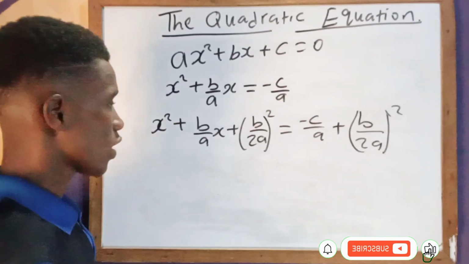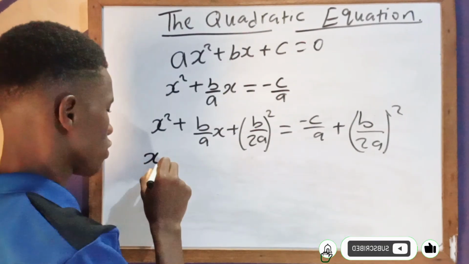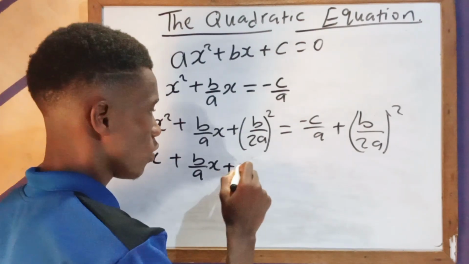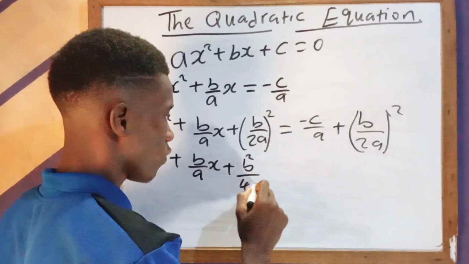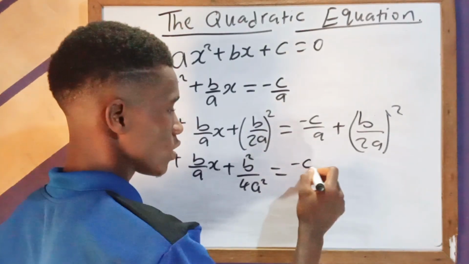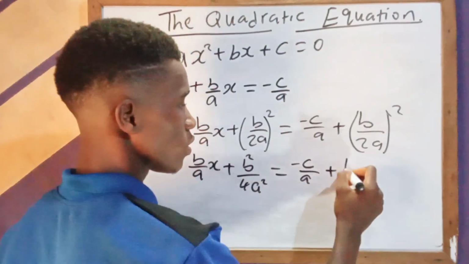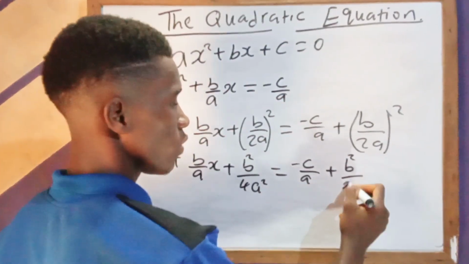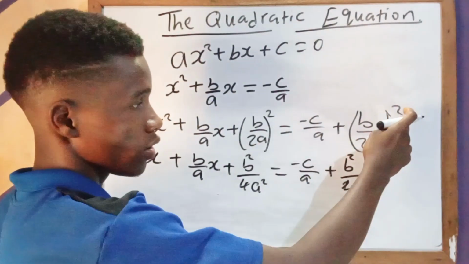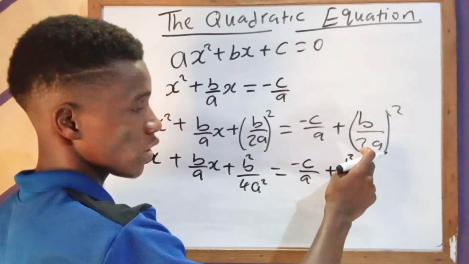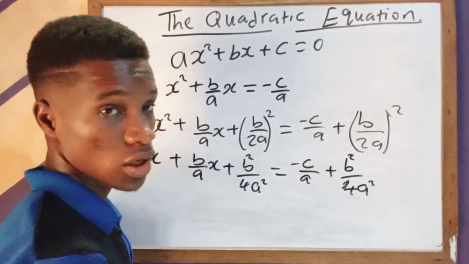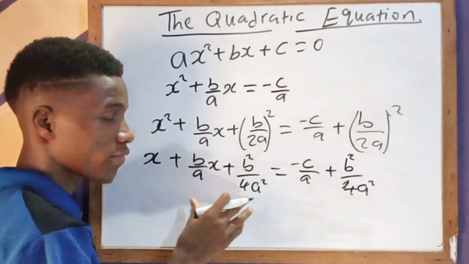For the sake of clarity, we can try to express this plus b over a x plus b squared over 4a squared, because from the rule of indices we have minus c over a plus b squared over 4a squared. I mean, when we perform this square operation, it affects both terms. So 2 squared is 4, and a squared is what? A raised to the power of 2. So from here we can see that we can factor out this thing.